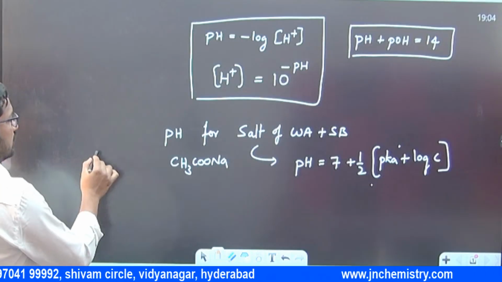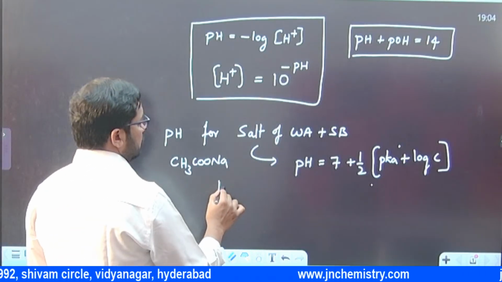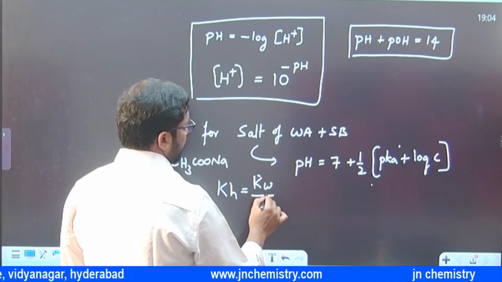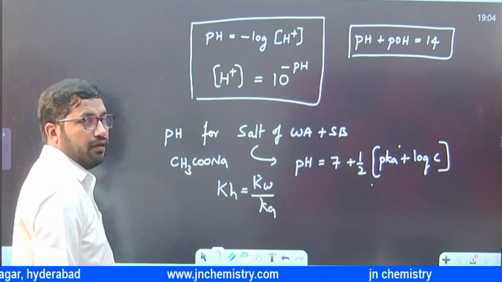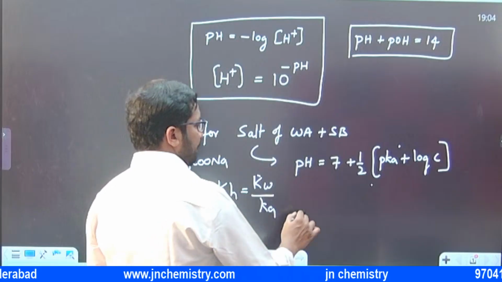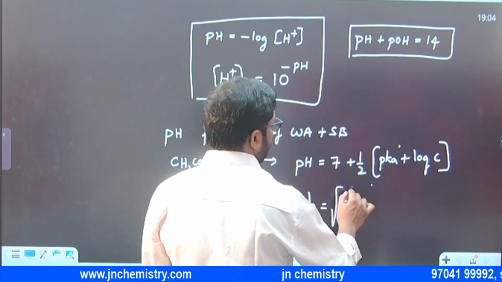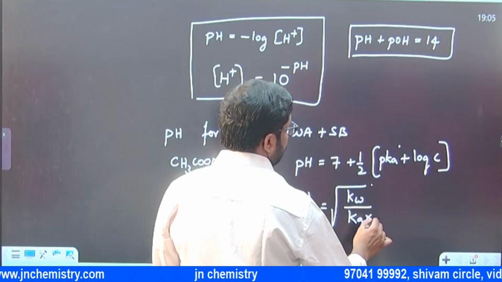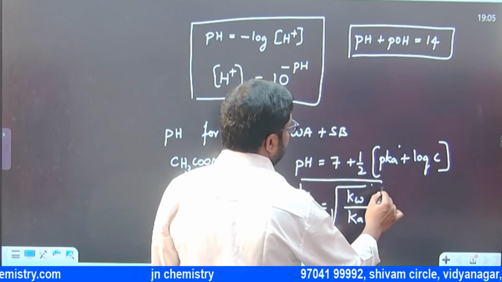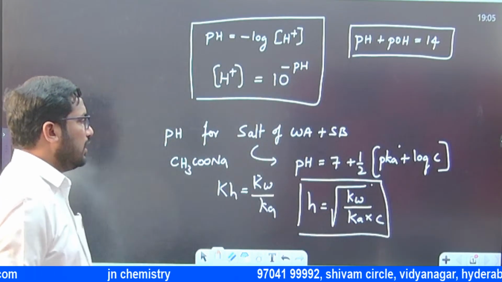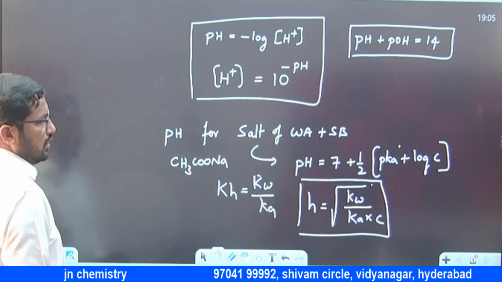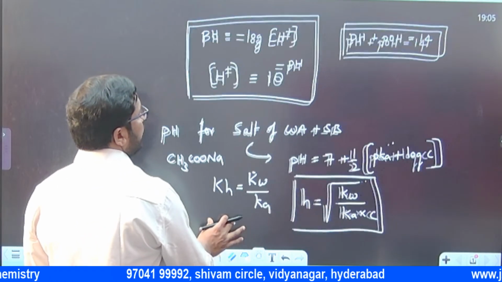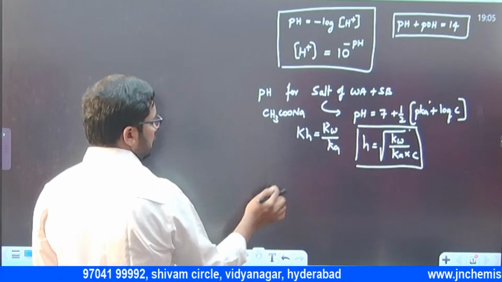Kh value for this one is Kw by Ka. What is h? h is under root of Kw by Ka into C. Right? So this is the salt of weak acid, strong base.